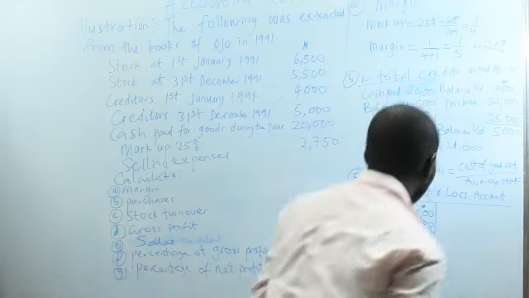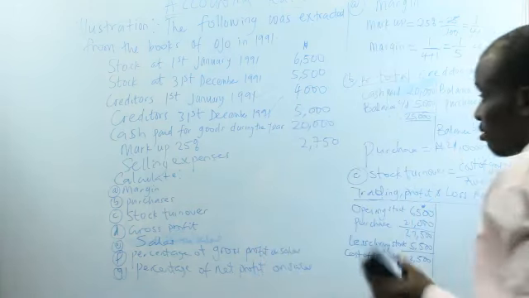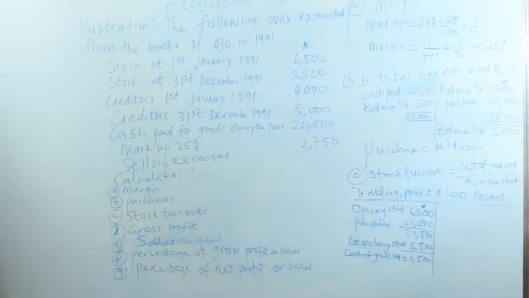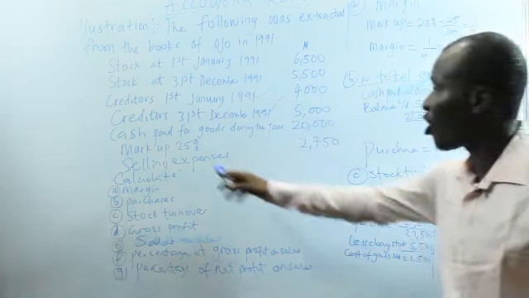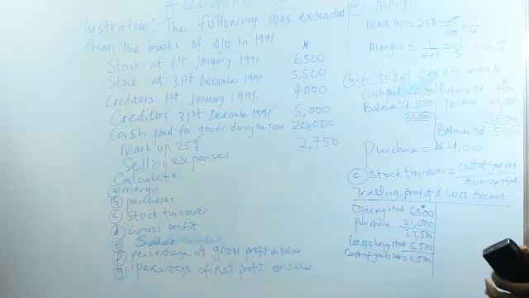We don't have our sales, but we are given the markup. The markup is the profit expressed as a percentage of cost of goods sold. So we have the markup as 25%. It means we can determine our profit through the markup.